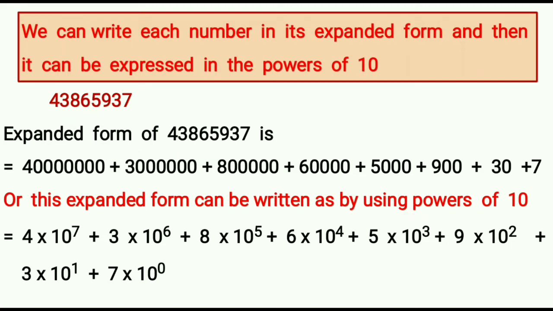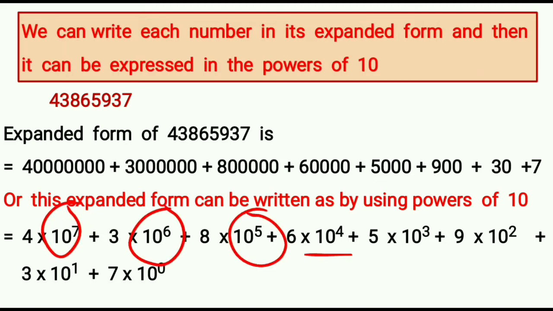For expanded form, we can write it like this, and this expanded form can be written by using powers of 10 like this, that is 4 multiply 10 raised to power 7, because there are 7 zeros, so we can write it as 10 raised to power 7, plus 3 multiply 10 raised to power 6 plus 8 multiply 10 raised to power 5 and so on. Here the value of exponent of 10 is decreasing at each step like this up to 0.